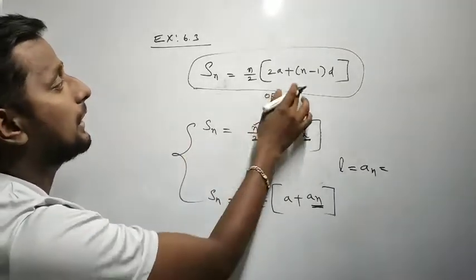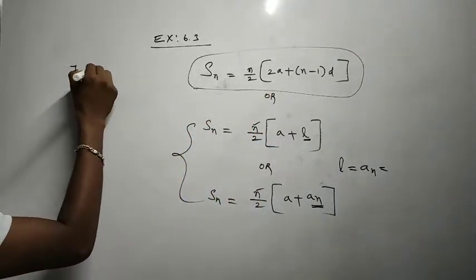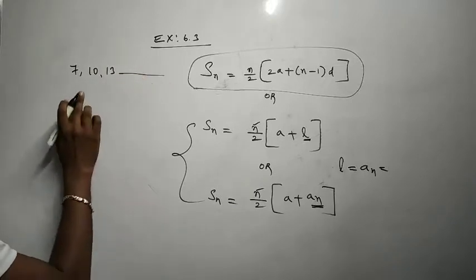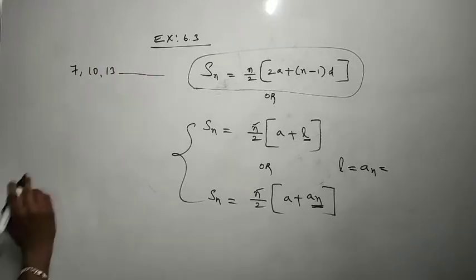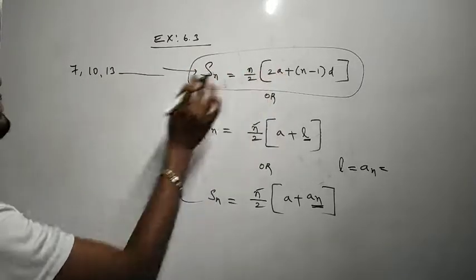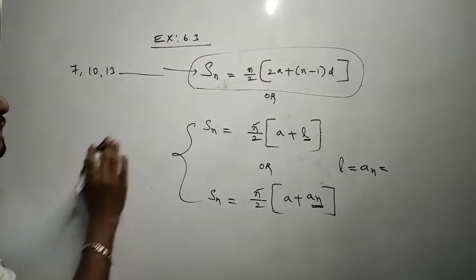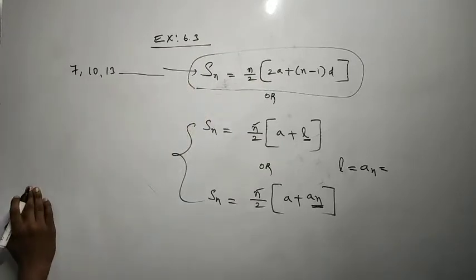Or else, in a series where there is no last term, for example 7, 10, 13 and so on, we don't know the last term, so in such cases we use the first formula to find the sum of the first n terms.